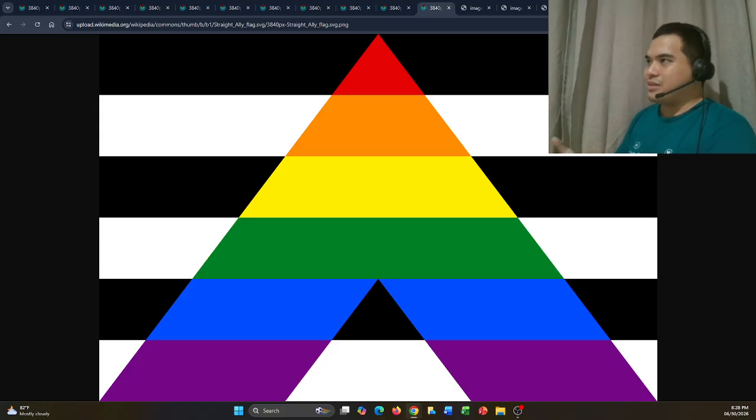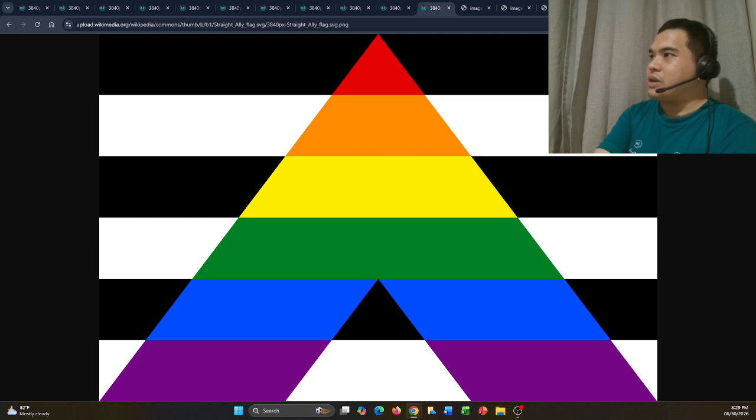Naturally I identify myself as heterosexual, but reading about this stuff makes me want to choose to become an ally. So this one is the straight ally flag. And once again, the straight ally is basically a heterosexual who heavily supports the LGBT community.